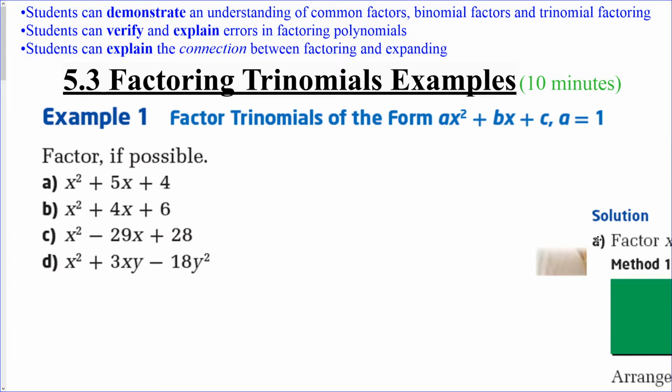If we look at the first question here, factor if possible, x squared plus 5x plus 4. What that means, I'm going to switch over to the whiteboard scene here.